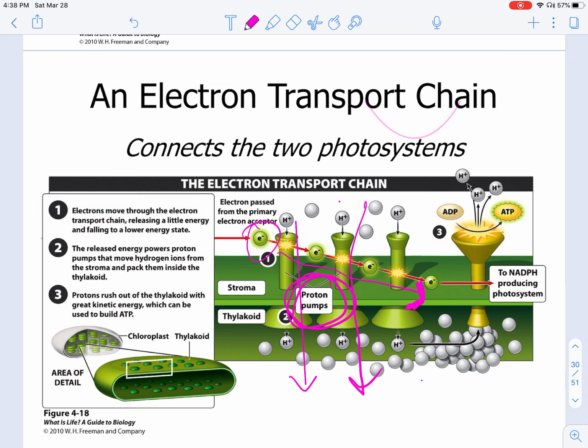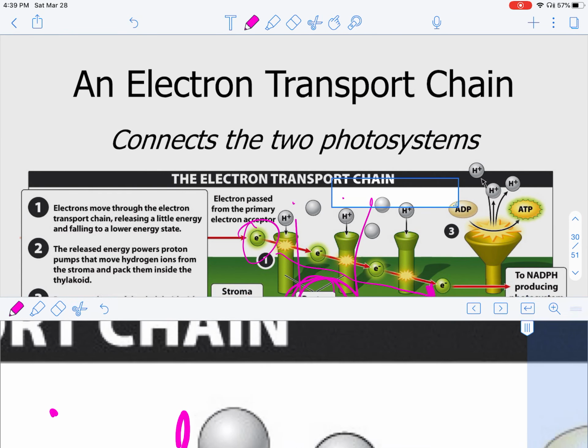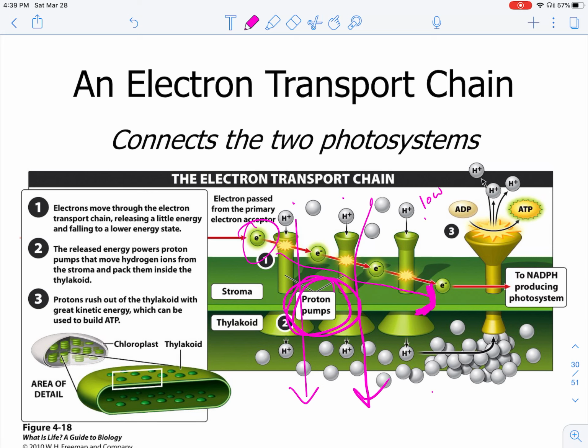So the energy of the electron takes hydrogens and moves them from an area of low concentration in the stroma to an area of high concentration inside the thylakoid.